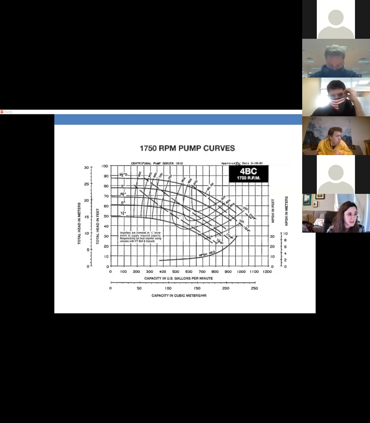And here's a real world one again, to show you one that's a little bit less clear, but it still has NPSH required with a different axis here. It has both feet and meters right there.